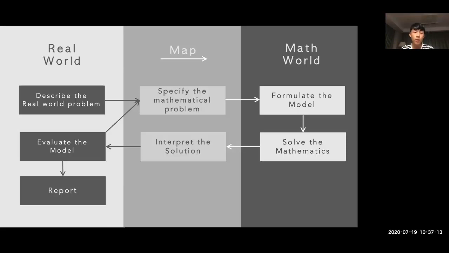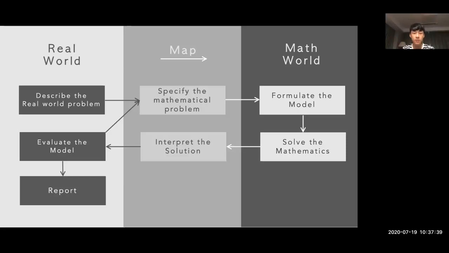And if your model is not sufficiently accurate in your opinion, then you can go back to specifying the mathematical problem. I talked about making assumptions, right? So some assumptions can be safe to make, while other ones can be quite bold. So if you evaluated the model and you think that your model isn't really accurate enough, you can go back to change your assumptions, make new variables so that it is more reflective of reality.